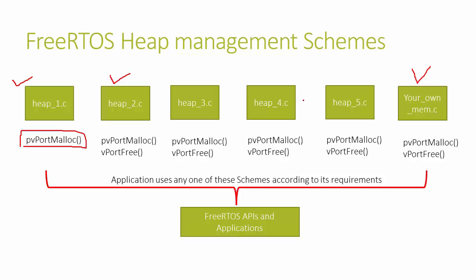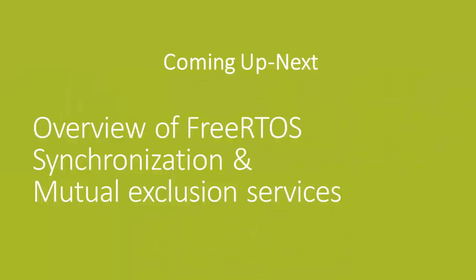So this is a quick overview of FreeRTOS memory management. In the next lecture, let's explore FreeRTOS synchronization and mutual exclusion services. This is also an overview lecture, where we will quickly go through the synchronization and mutual exclusion services.